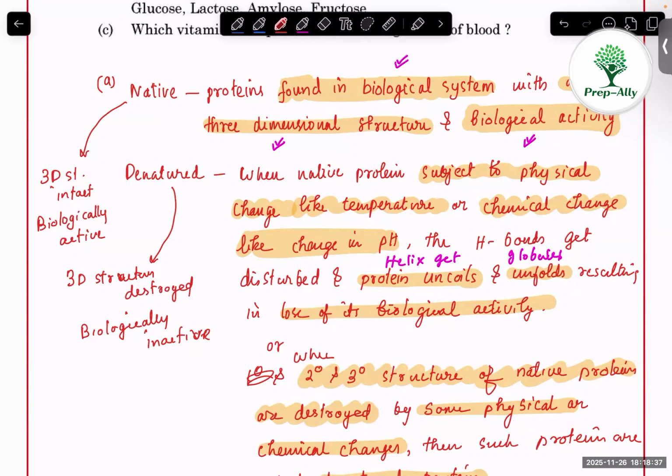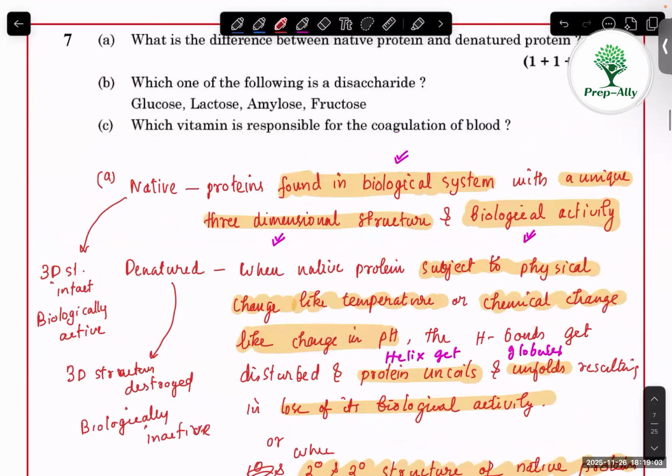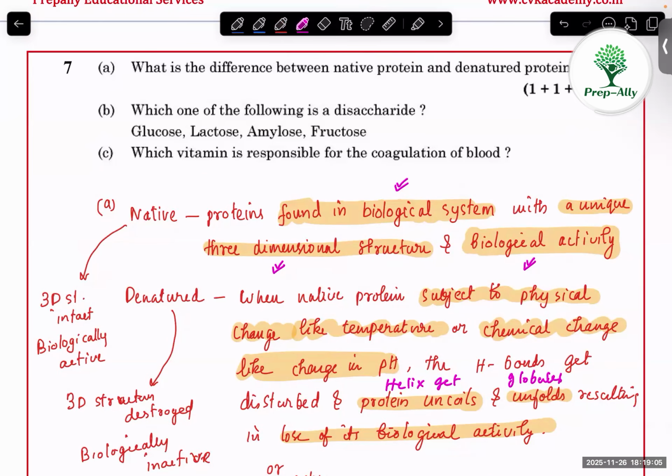For native proteins, they have a unique structure and biological activity. Or you can write they are found in biological systems and have unique functions, still you will get the marks. Denatured means when subjected to changes, it will lose its 3-dimensional structure and biological activity. That is correct. Or if you write their 3D structure gets destroyed and biological activity is completely gone, that is also correct.